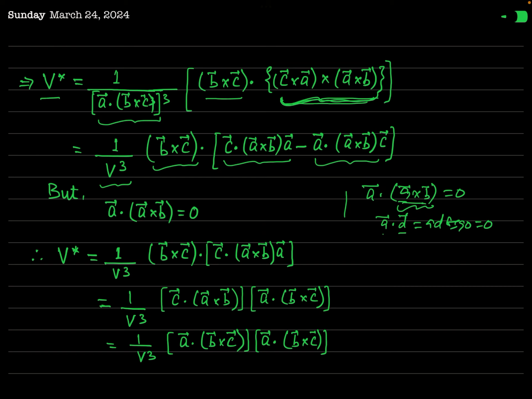So this second term vanishes, and I have written it here: A dot A cross B is equal to 0.